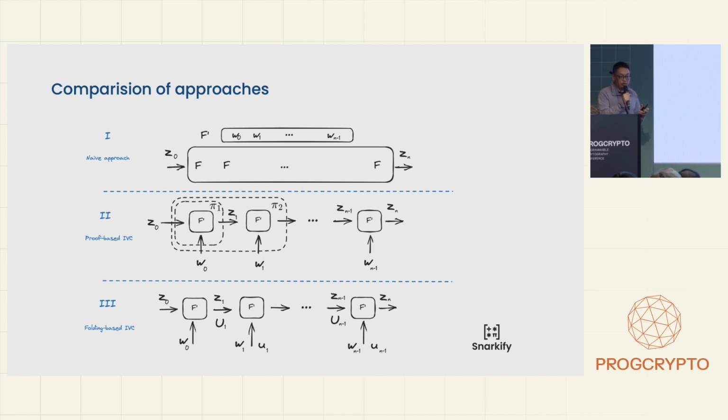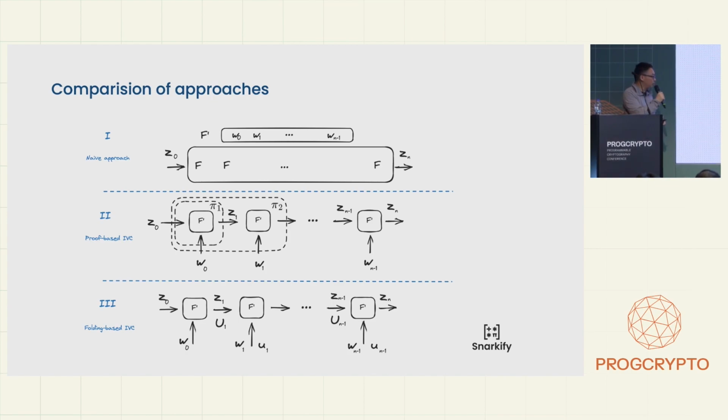The second component is the verifier circuit to verify the previous proof. So for each step, you verify the previous step. You get a proof of a proof of a proof, and so on. At the last stage, you verify it once and that proves all of the previous steps. So this is proof-based IVC.